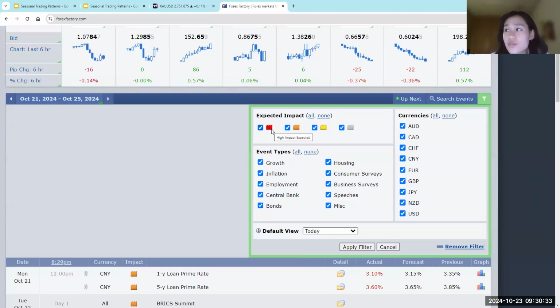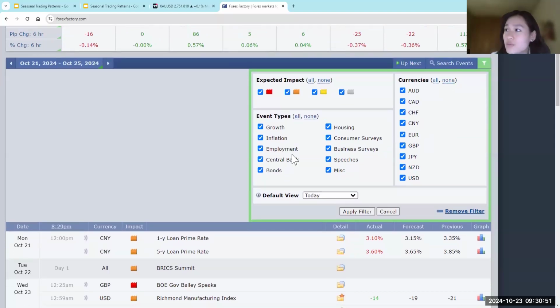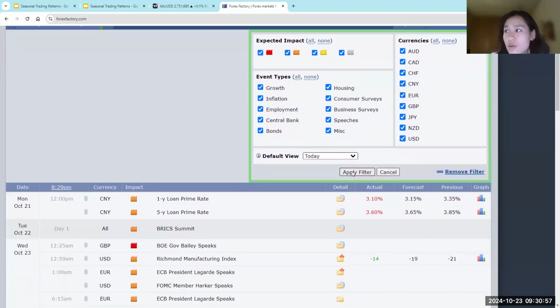For example, red is a high impact event. Orange is medium, yellow is low, and gray is non-economic, so that would include any bank holidays. Currencies, you can filter out any currencies that you're not currently trading. I just prefer to look at all of them. Event types, you can filter any of them out as well.